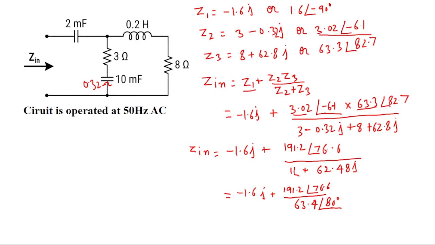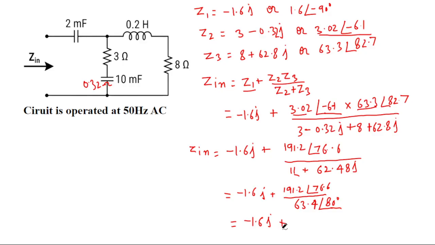In this case, you have added these two. Now, for the subtraction, you will subtract these two angles, then you will find the final angle. So the value of this will become minus 1.6 into J, or plus. I have calculated this one.